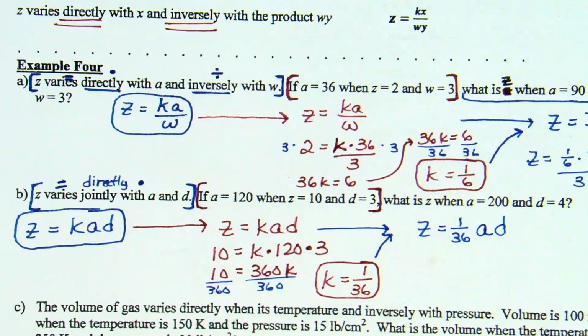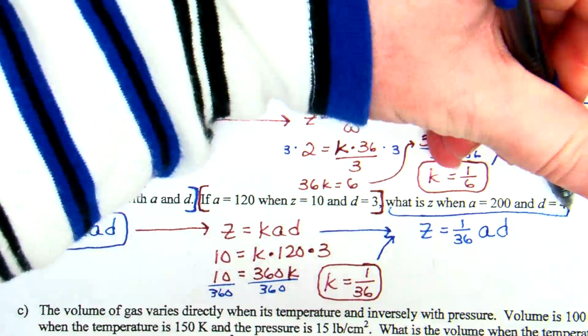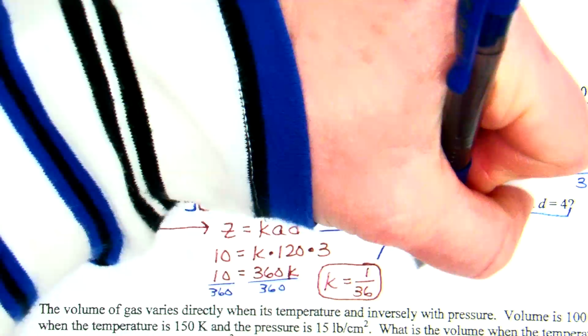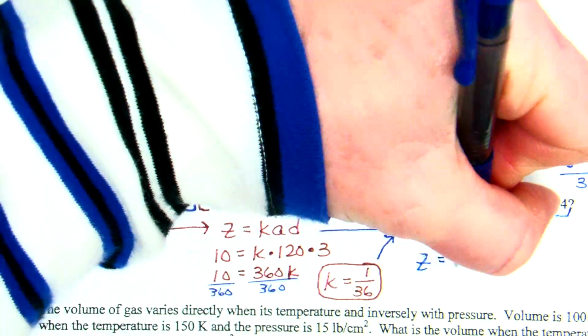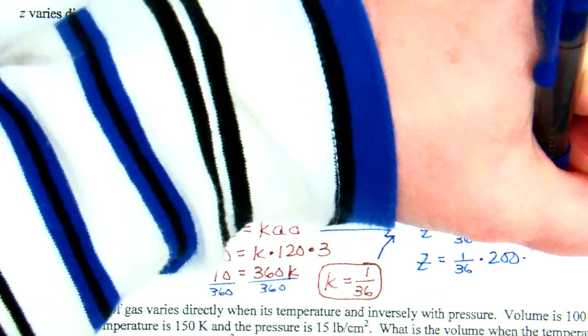What's this final part? Okay, yep. What is Z when A equals 200, D equals 4? Fill them in. So, we already know K is 1 over 36, A is 200, D is 4.